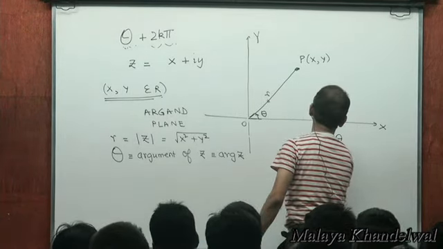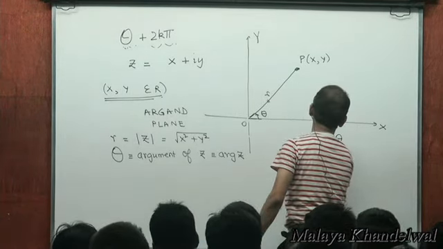Then the x coordinate of P is going to be r cos theta. The y coordinate of P is going to be r sin theta. Right? Yes or no? Therefore, the point P has x coordinate r cos theta and y coordinate r sin theta, isn't it?